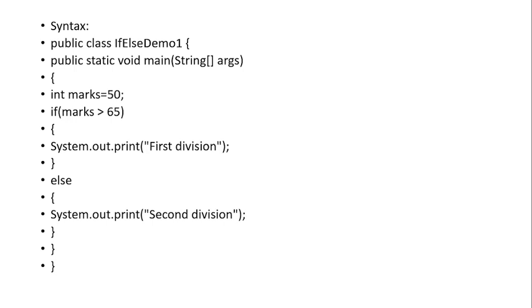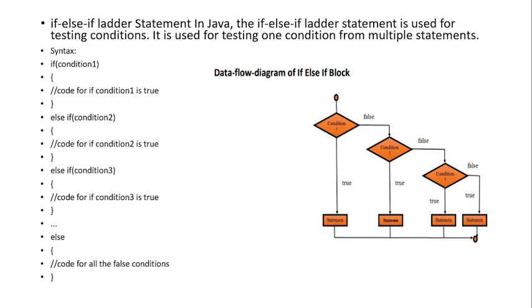We are not going inside the first block. It will come down to the else statement, and inside the else statement the second division is printed, because 50 is lesser than 65, so the condition is false, and the else second division will be printed.